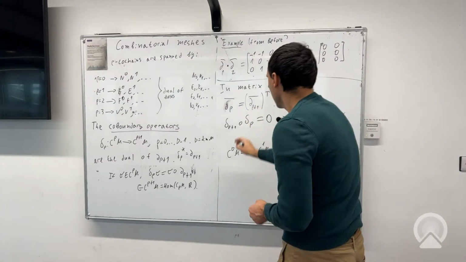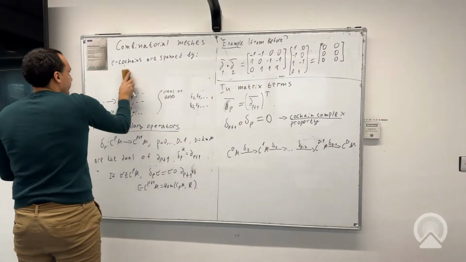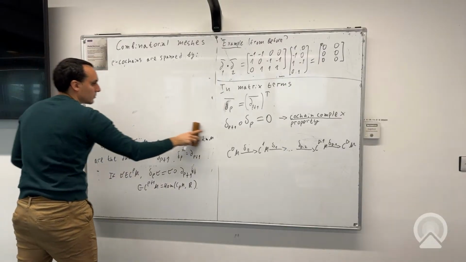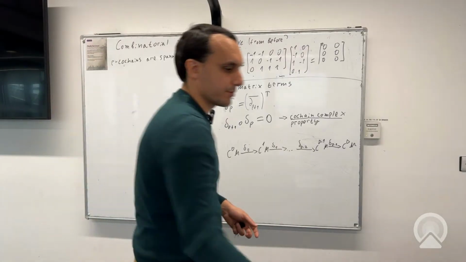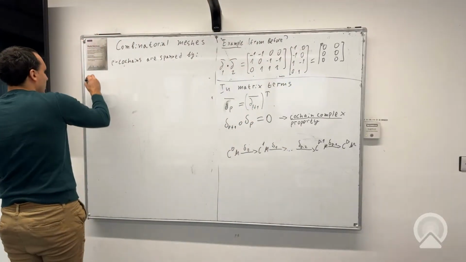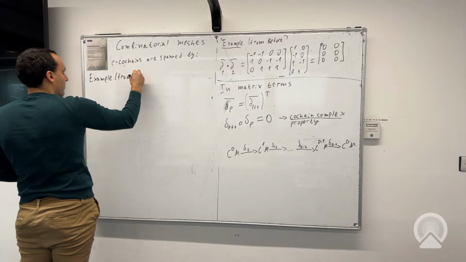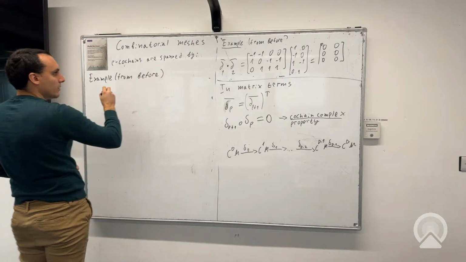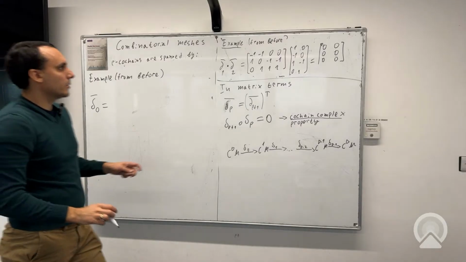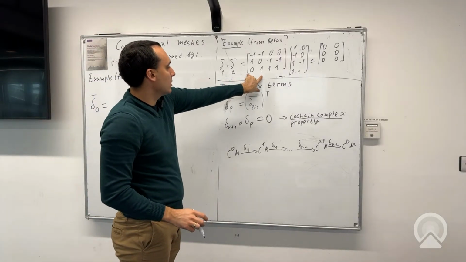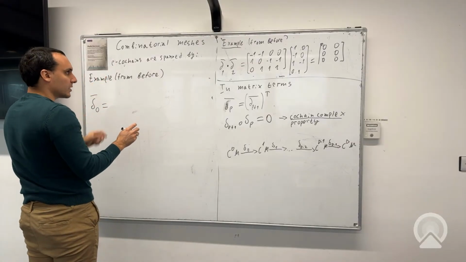So here we have, in the example from before, that delta_0 will be this matrix here, but transposed.